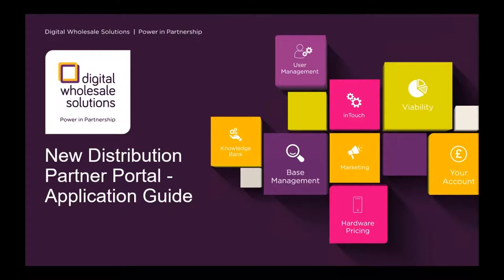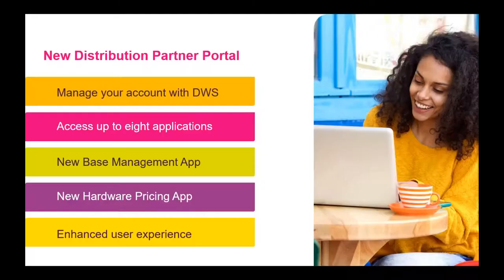The new distribution partner portal, DPP, is something that we're in the process of rolling out at the moment. As I say, you've probably spoken to your BDM about it already, and this is ongoing.